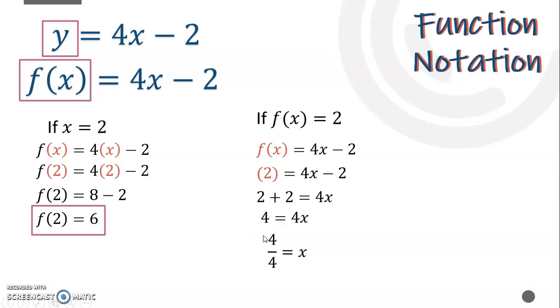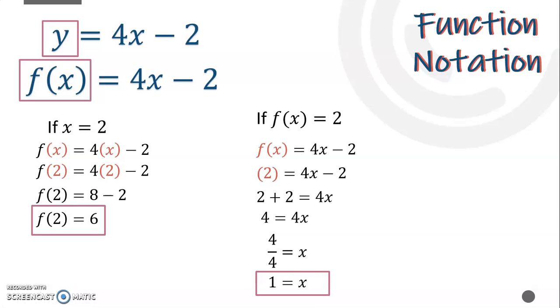And I have 4 over 4 equals x. If I simplify this, I know that my answer will be 1. So x equals 1 when fx equals 2. If I work with fx equals 2 in this function, I know that my answer will be 1 for x.